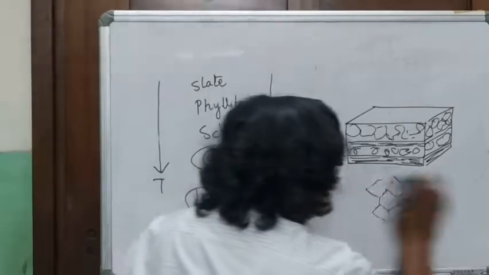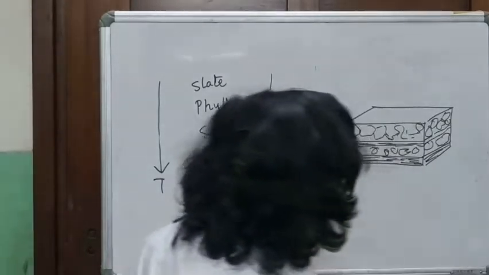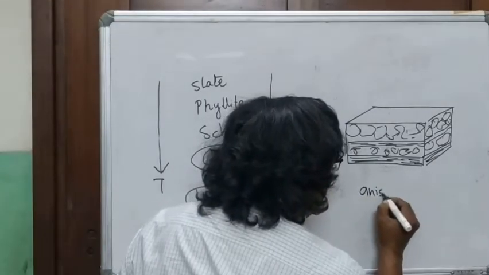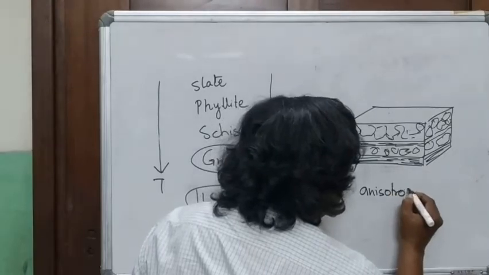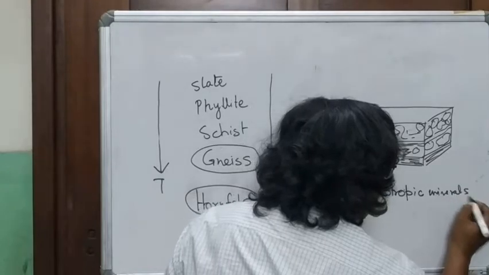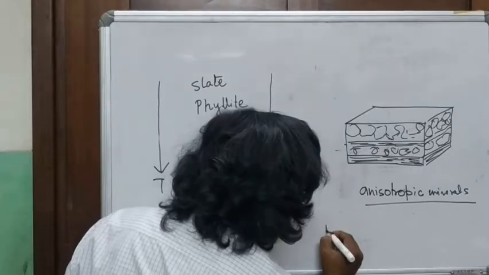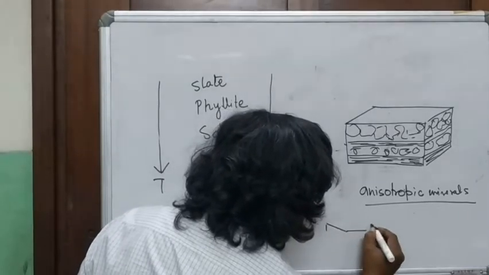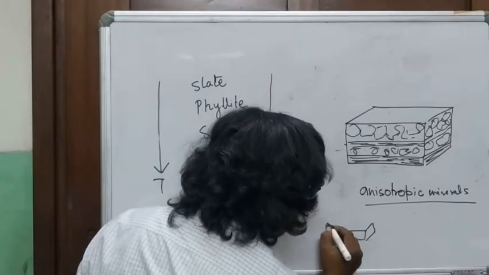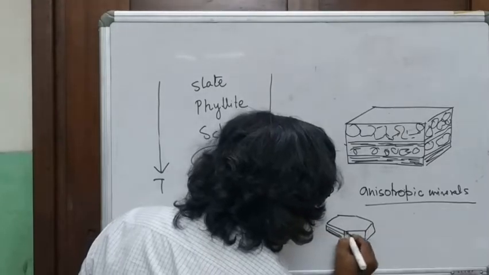That's one thing. The other thing is, the micaceous layers are mostly defined by anisotropic minerals. That means these anisotropic minerals, say for example, micas.